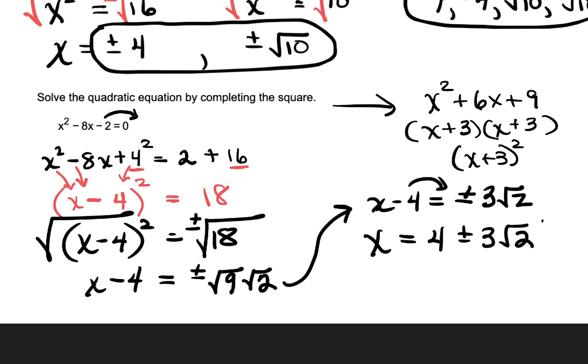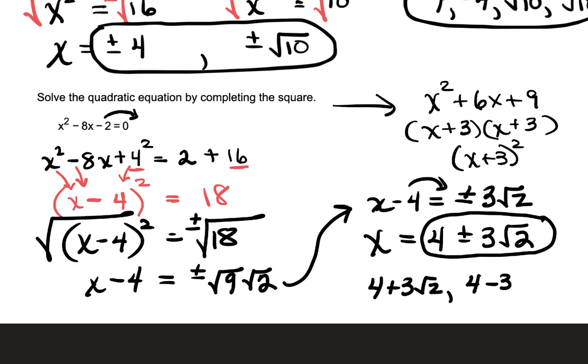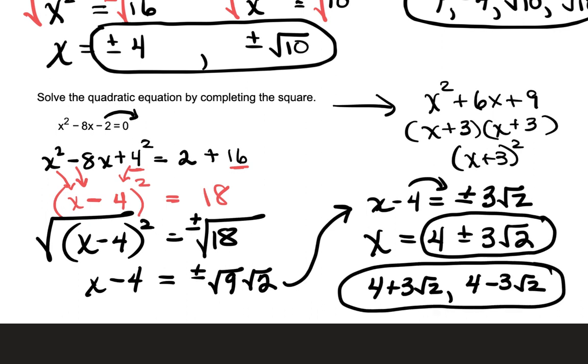So I'm going to circle it, but once again, Pearson makes you write them separately, so when you enter this into your test, you need to write it as 4 plus and 4 minus. 2 different answers. Okay, that is complete the square. I hope that makes sense. If I move too fast, you certainly can rewind it and go back over it again.